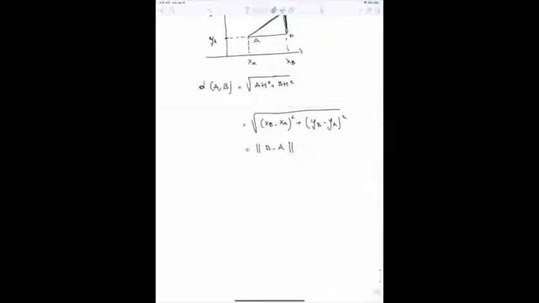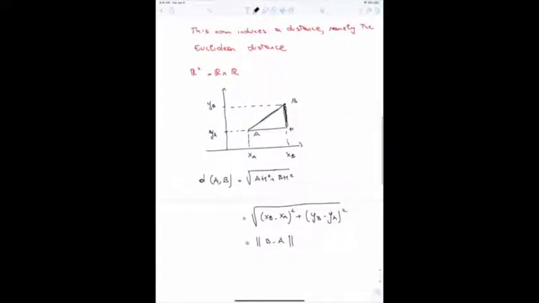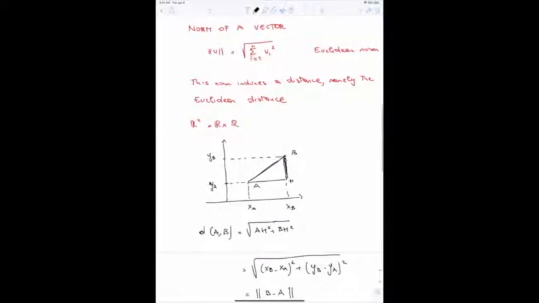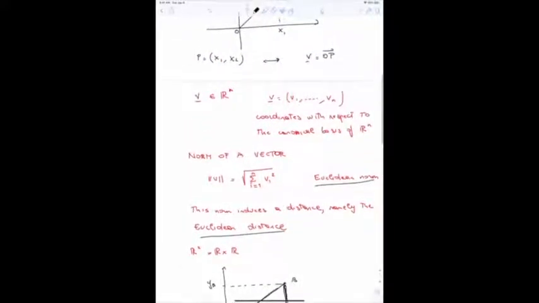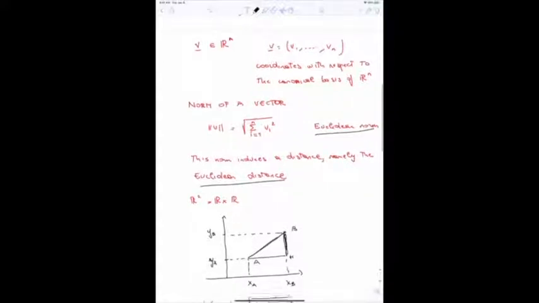This is not the only distance. We can define other distances, but this is the one that we're going to commonly use. So we're going to use the Euclidean norm and the Euclidean distance most of the time. So we have a vector, which is a geometric object uniquely defined by the coordinates of a point.